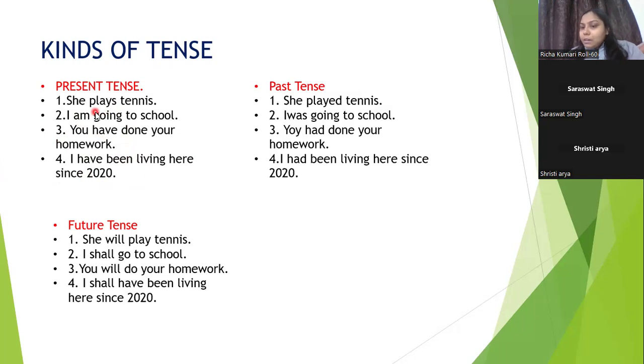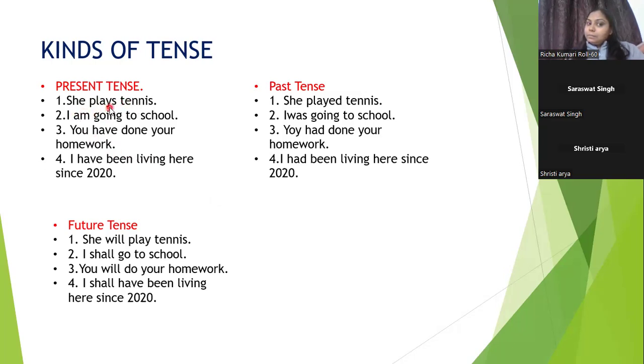Like, what is the verb here in the first sentence? Now Srishti will answer here. What is the verb here in the first sentence, Srishti? Yes, Srishti, are you there? Okay, what is the verb here in the first sentence?